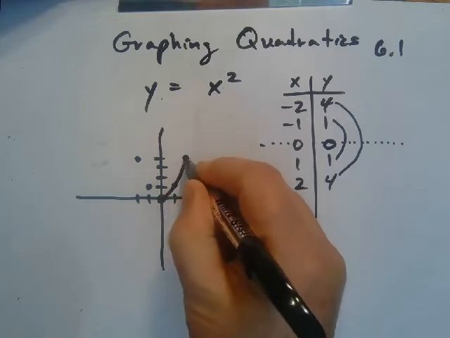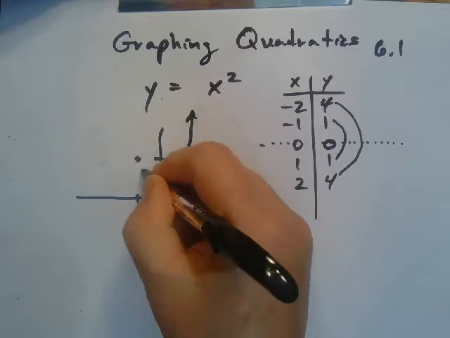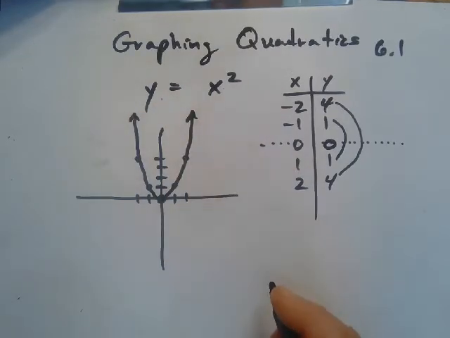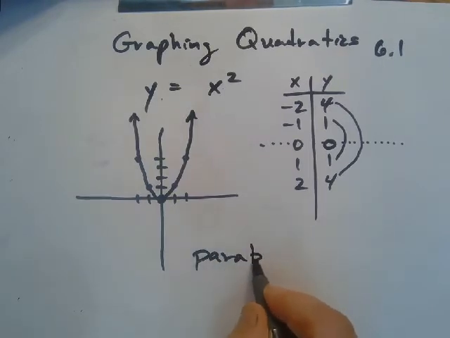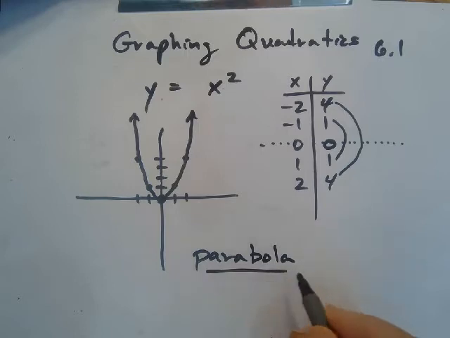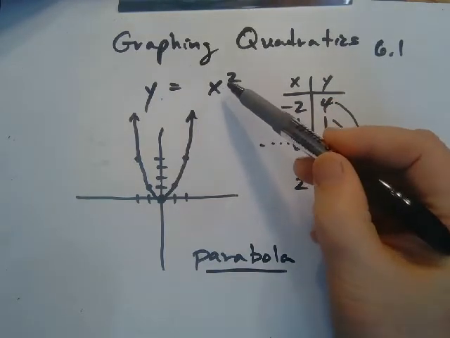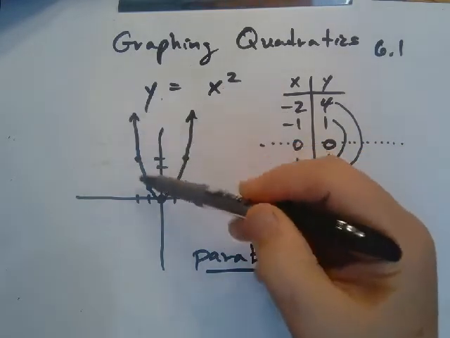So I'm going to go ahead and just draw a graph with a continuous curve that stretches out in this particular shape. Now, this shape is called a parabola. And a parabola is the product of a quadratic equation, a quadratic function.